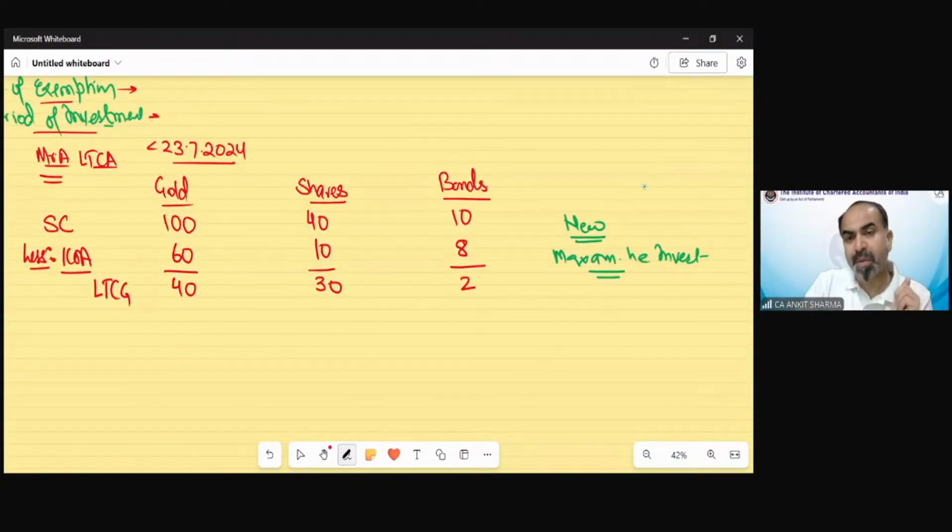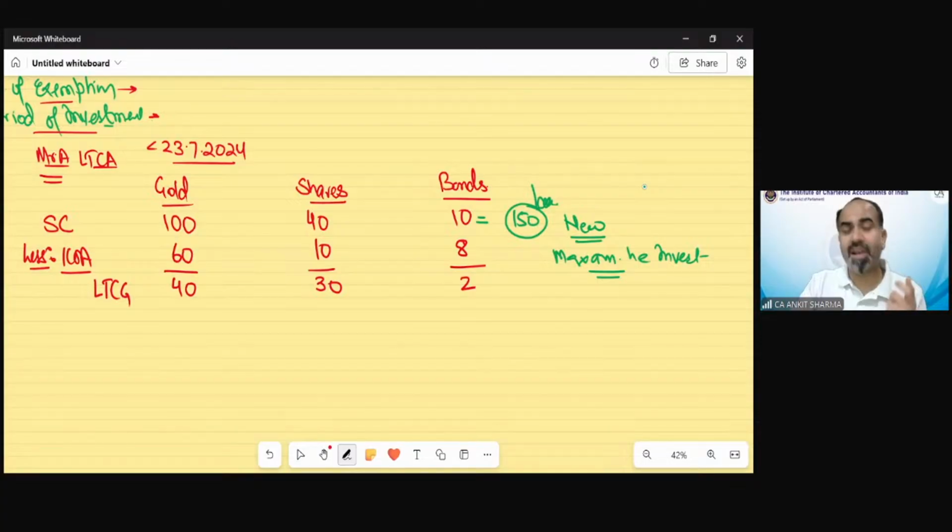The maximum amount could be this value, 150 lakh. So he can purchase a new residential house for rupees 150 lakh maximum, not with the gain, but with the sale proceeds. Suppose the sale consideration is 150 lakh.